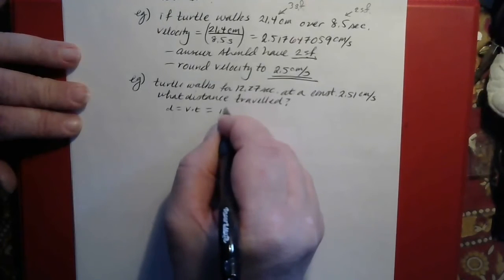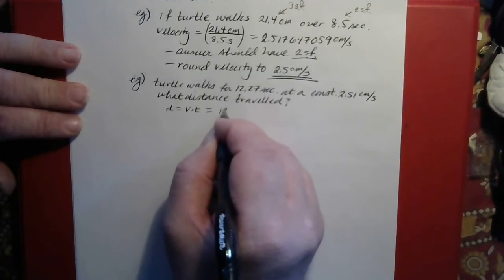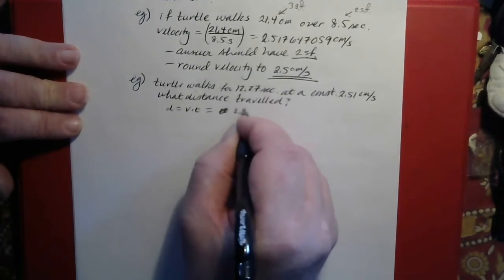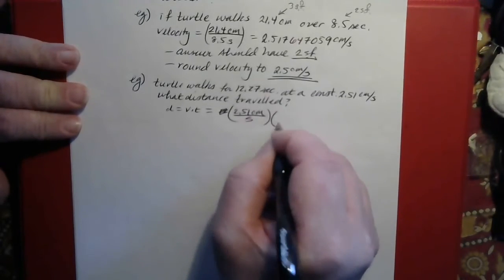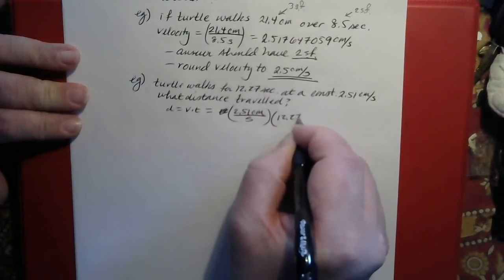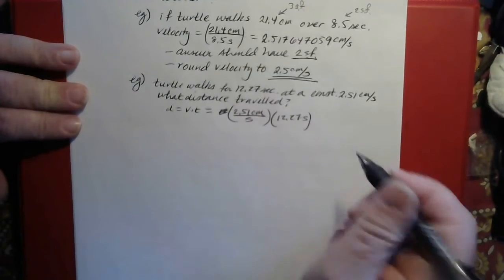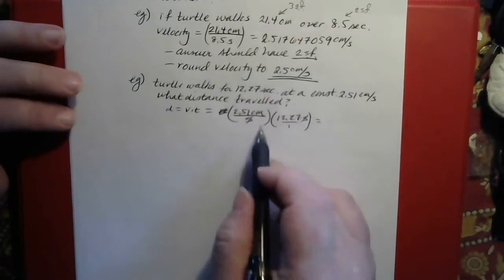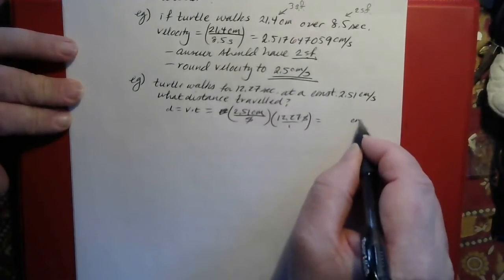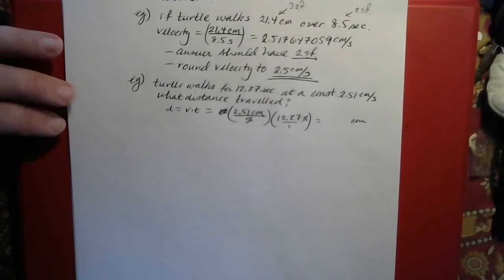So let me see, 2.51 centimeters per second times 12.27 seconds. Notice that seconds cancels and centimeters becomes the unit for the answer.